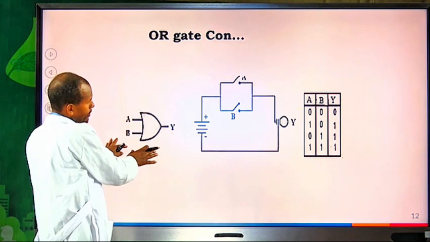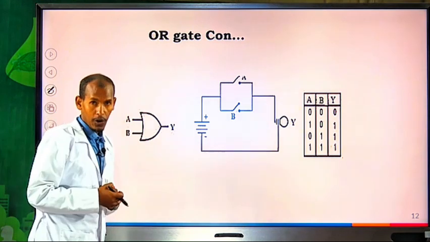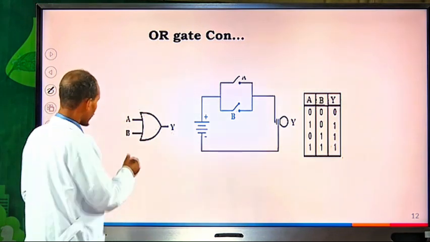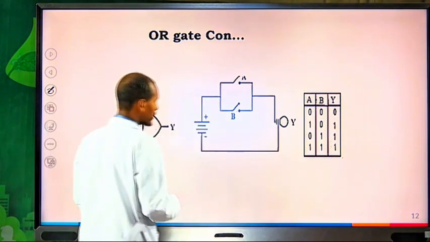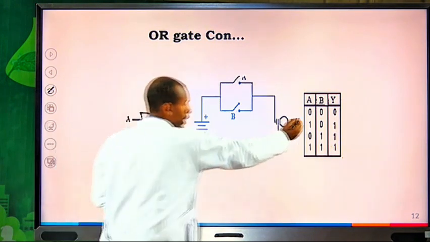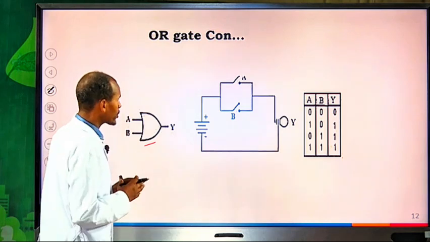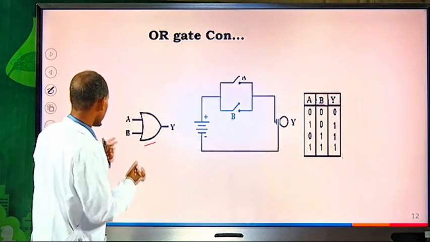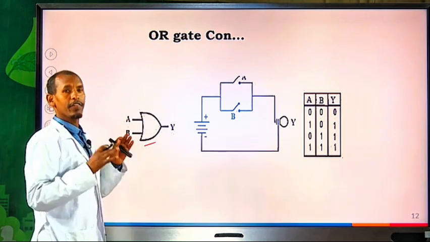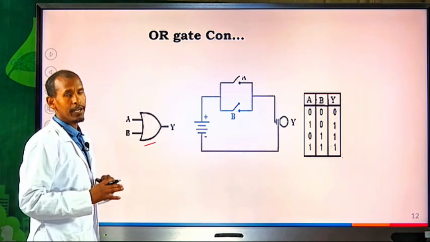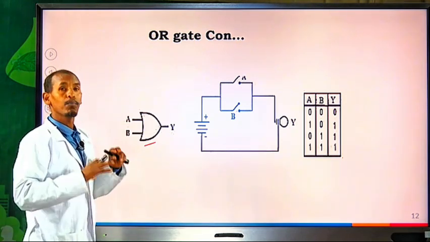So this is the representation for the OR gate, this is how it looks like as a simple circuit, and this is the truth table. Let's see what the truth table says. The OR gate output is 0 only when the values of A and B are both 0, or both off.